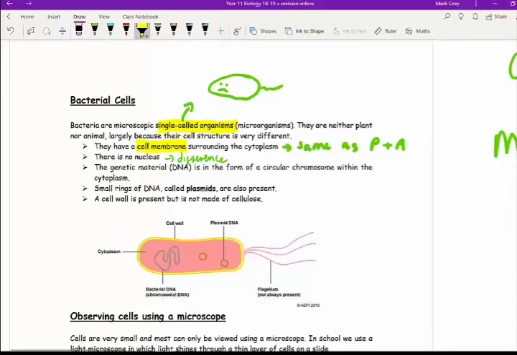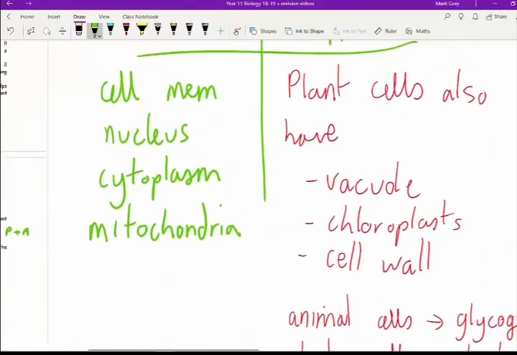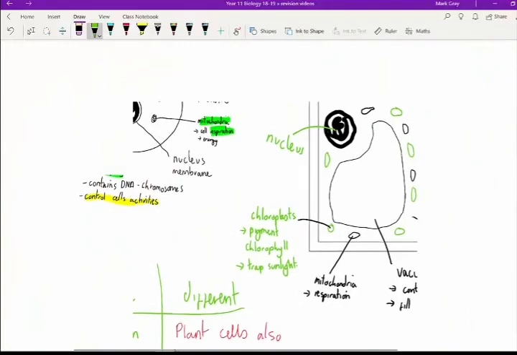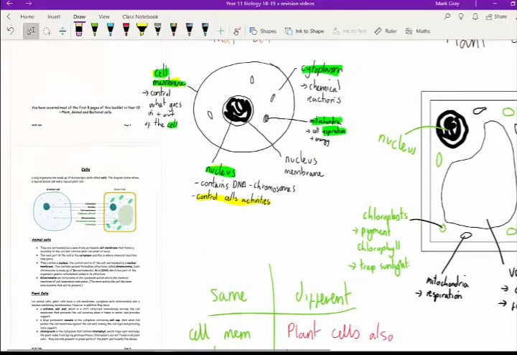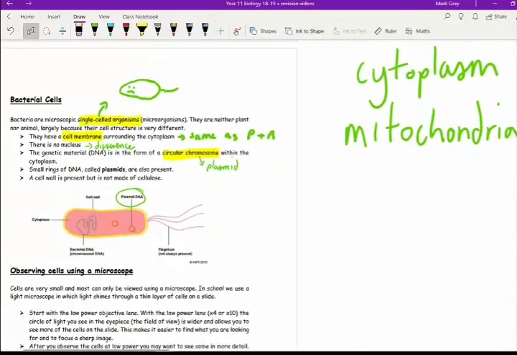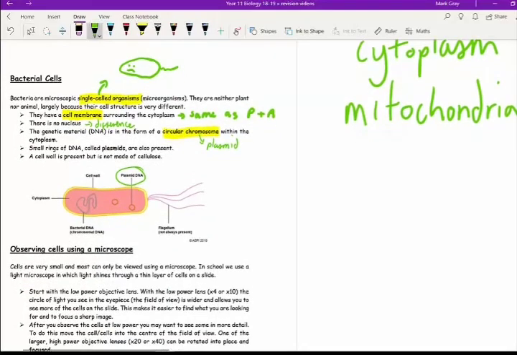So although they have DNA, it's in a circular chromosome, and that is known as this bit here, which is a plasmid. So plant and animal cells have these lovely big nuclei right in the centre of their cells, whereas bacterial cells just have a cheeky little loop of DNA. Okay? Now, they've also got this bacterial DNA, so they have two forms of DNA.